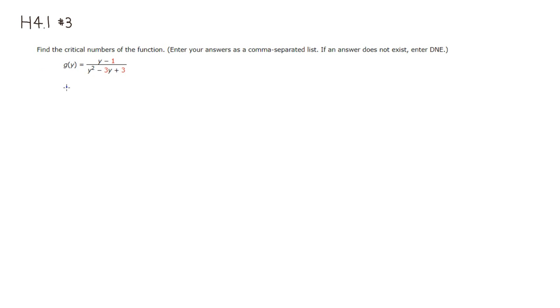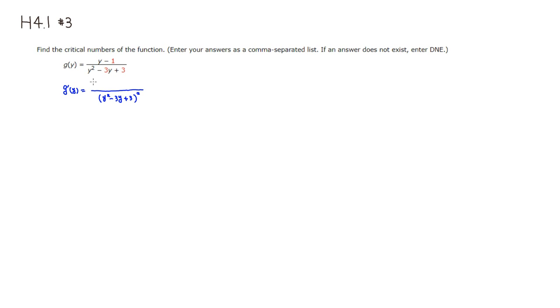We have g prime of y equal to... this is in quotient form, so I'm going to just square the denominator: y squared minus 3y plus 3, squared.